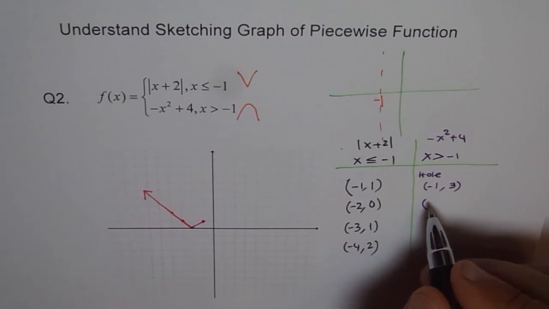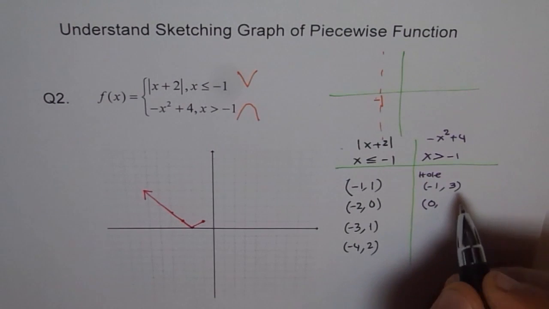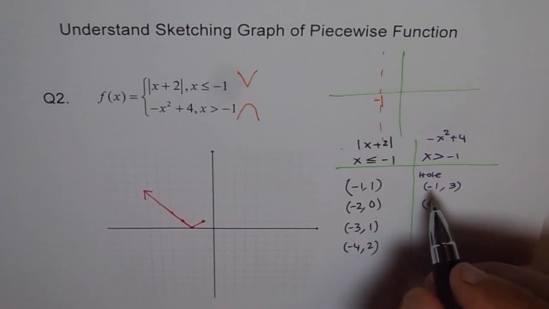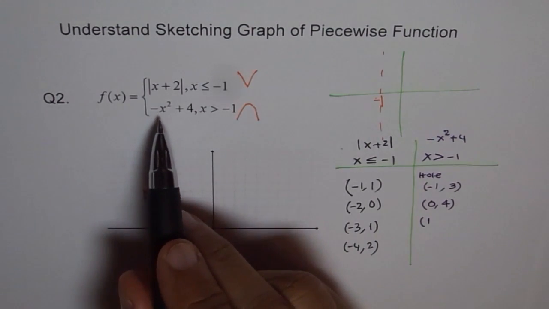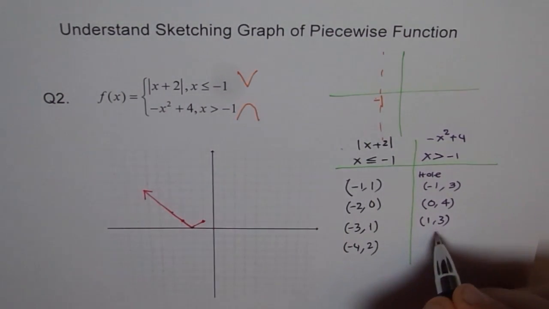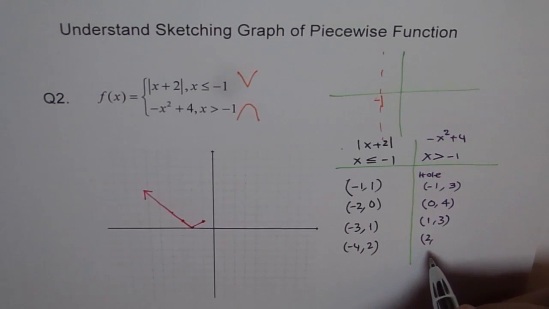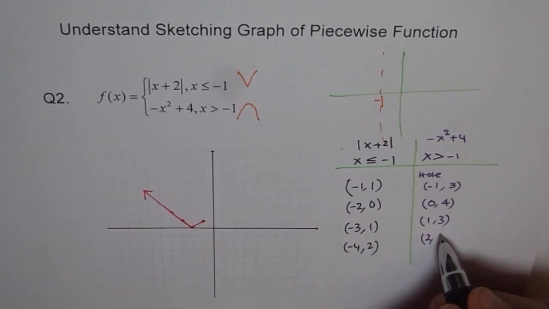And then we'll put values more than -1, that means we can put 0, right? 0 will give us 4, good point. And then +1: 1 squared is 1, -1 plus 4 is 3, correct? Let's put 2 here. 2 squared is 4, and -4 plus 4 will give us 0, right?